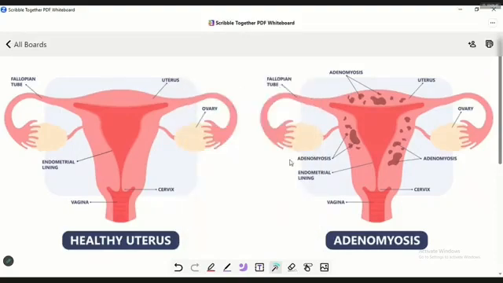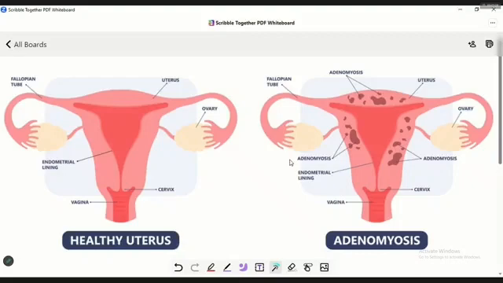So when a woman is going through her menstrual cycle, that tissue would expand, it would degrade, it would bleed, it would break down, just like the tissue within the womb, right? The only thing is that it is not in the womb. So you have womb tissue growing within the muscle.